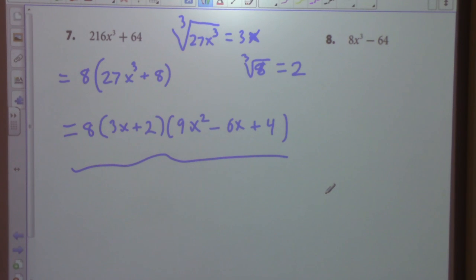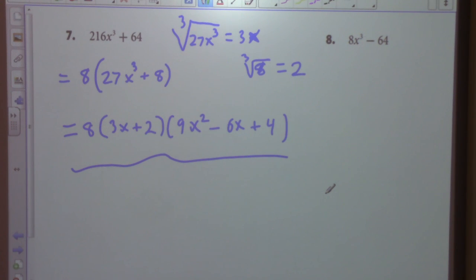Stop pushing my... What's that? I've been lost the whole time. Okay. Well, I know the first part's going to be 8. I don't think that's right.